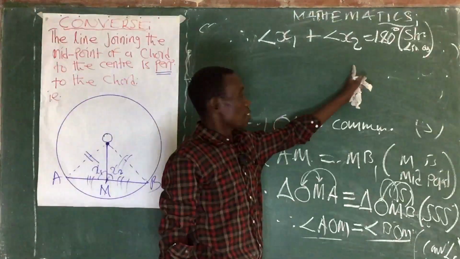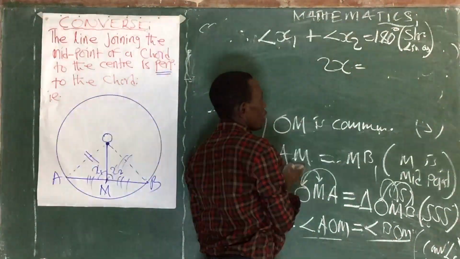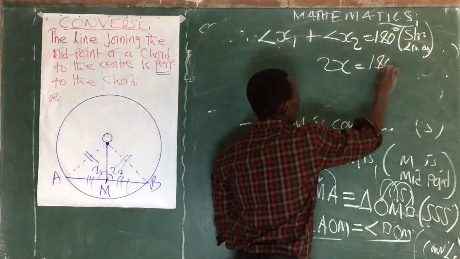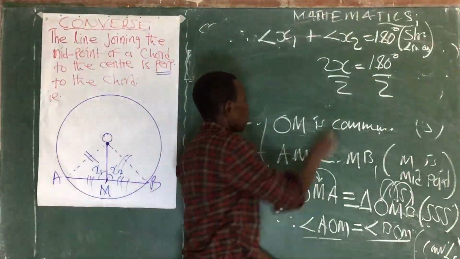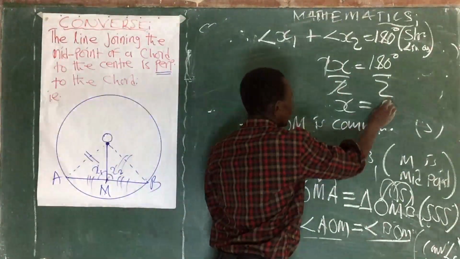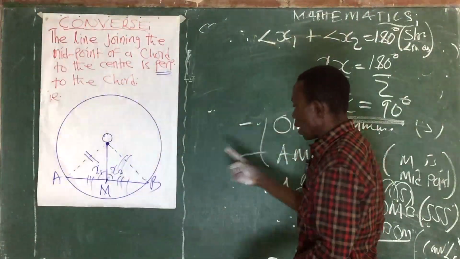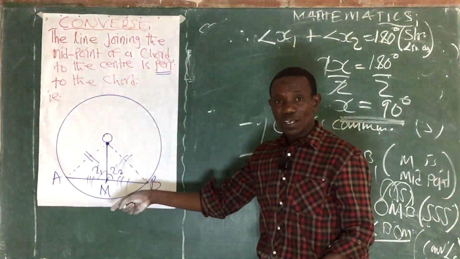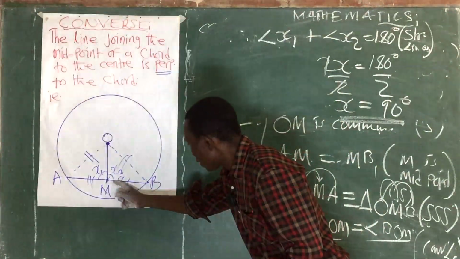So it's just like x plus x. So x plus x gives us 2x. So what you have here is 2x equals 180 degrees. To find x, divide by 2. And what we get here, our value of x, is 90 degrees. Right. So every time you see the value of x in this diagram, that x is represented by 90 degrees. So this angle is 90, and that again is 90.